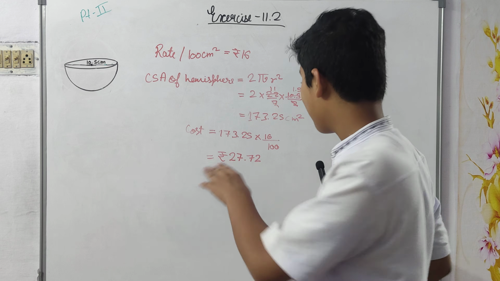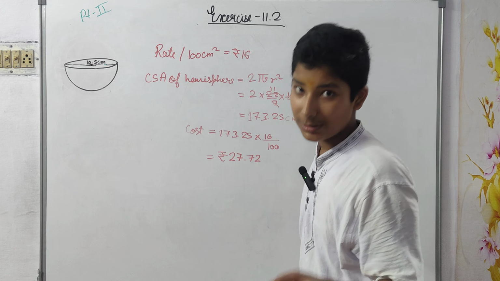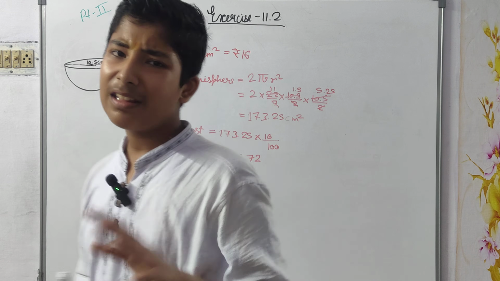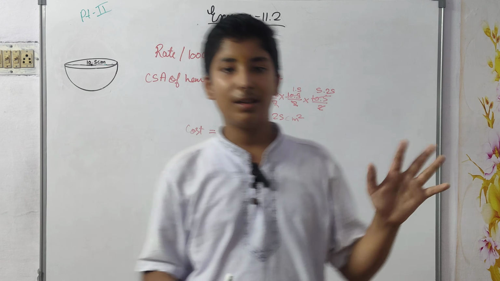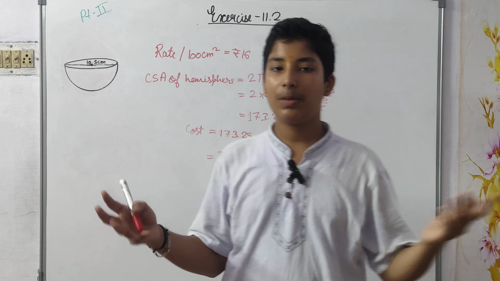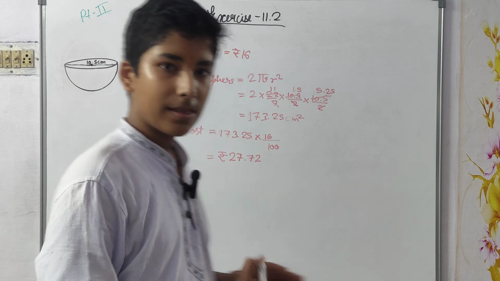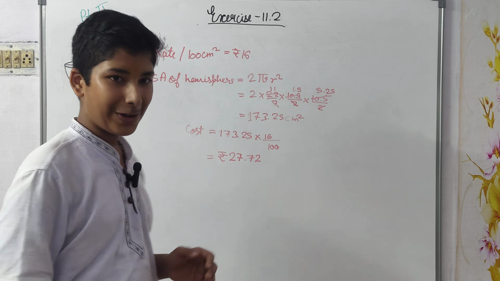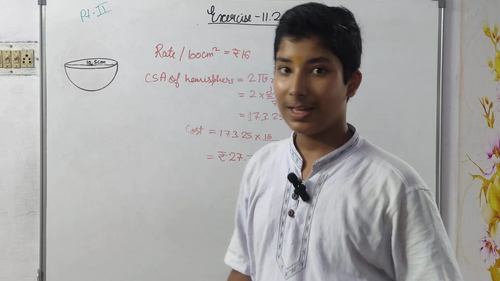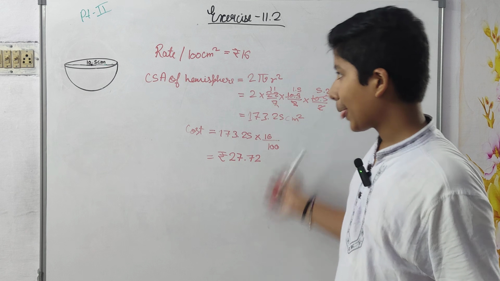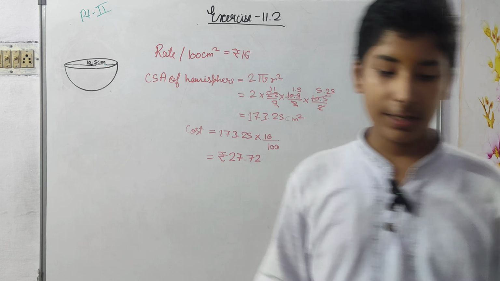See, this is a very small amount of cost as per nowadays, but NCERT was made back then, so the prices are low as compared to nowadays. But in some questions, they are very high. Okay, now we'll continue with the next question.